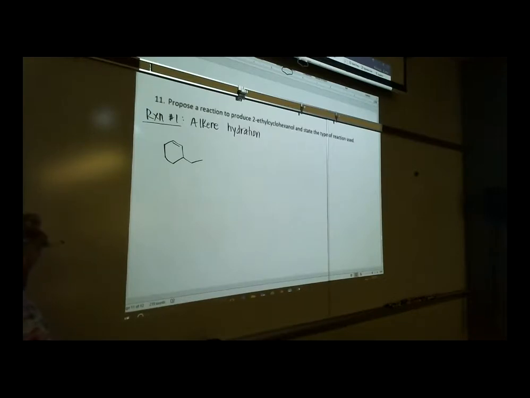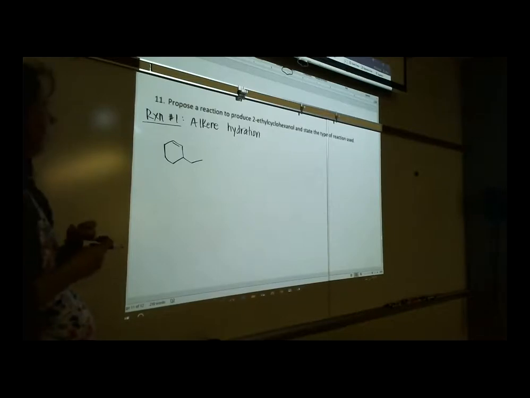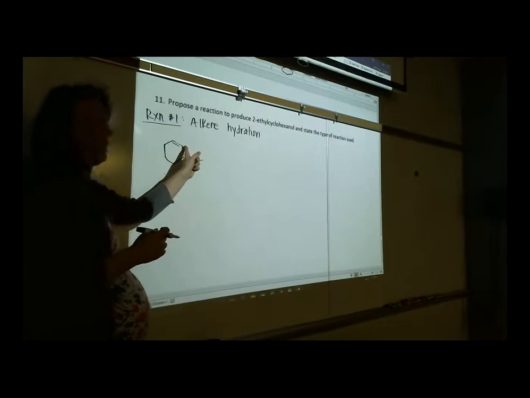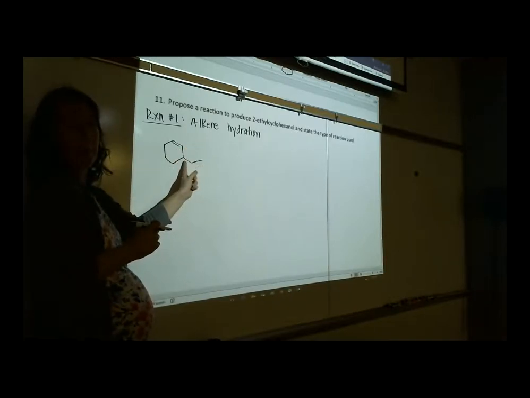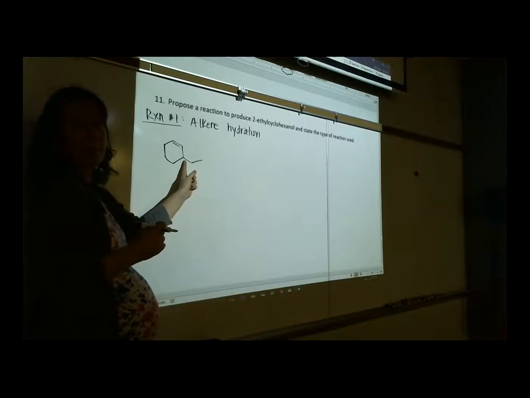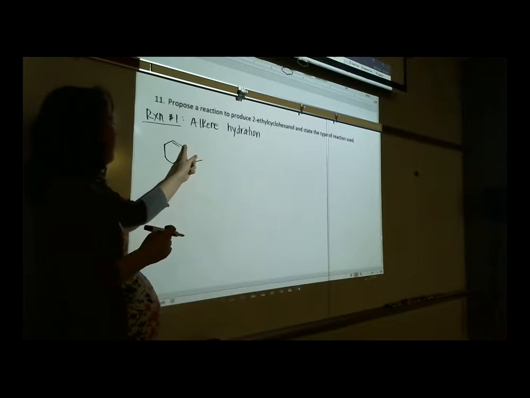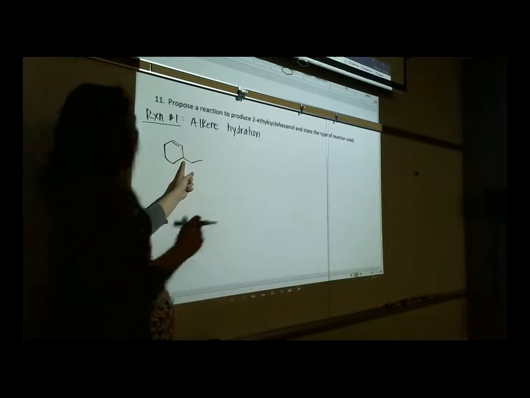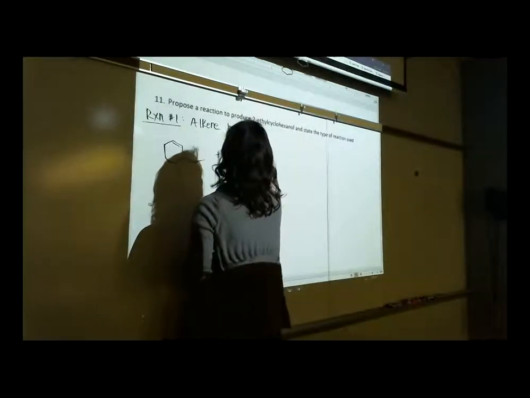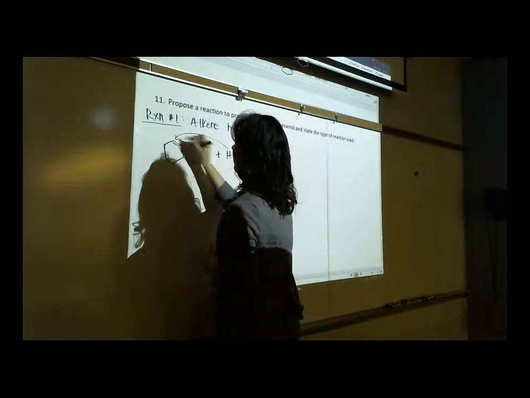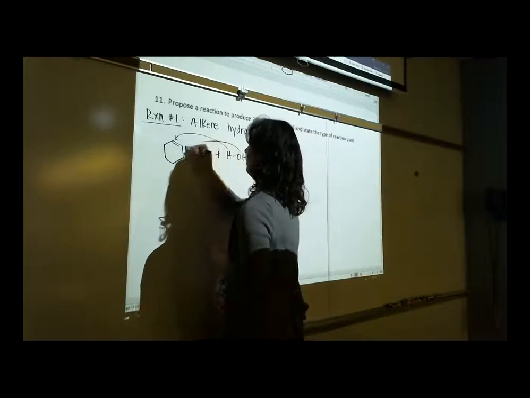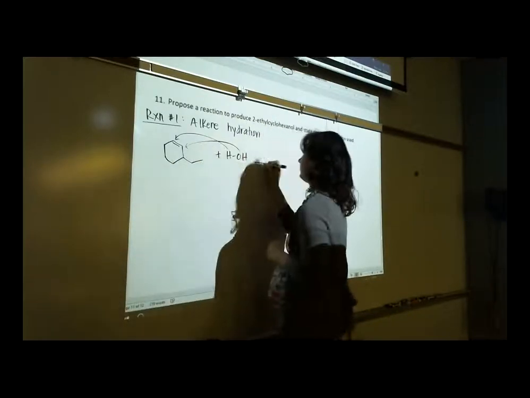You want 2-ethyl? So if you want the alcohol to go right here, so that this becomes carbon number 2. You see what I'm saying? Yep. Because the alcohol is going to go here because you want the ethyl group to be on number 2. If you react this with H2O, right, one of them's going to get hydrogen, the other one's going to get alcohol.